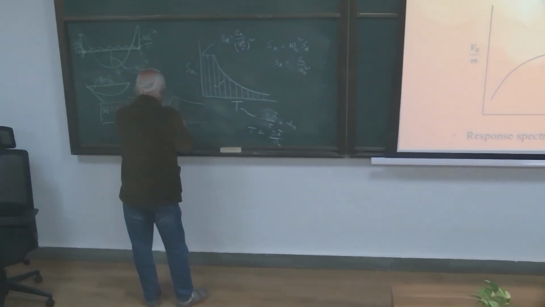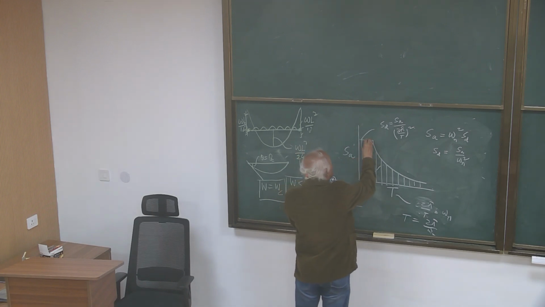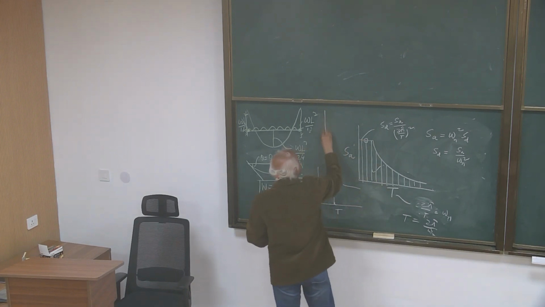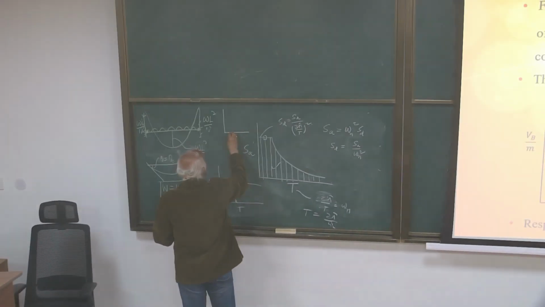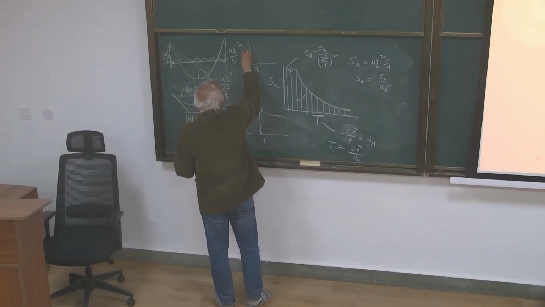Say if I take a value of T over here, I know SD, I know SA, so I plot, if this is SD, this will be SA. So I get that point.